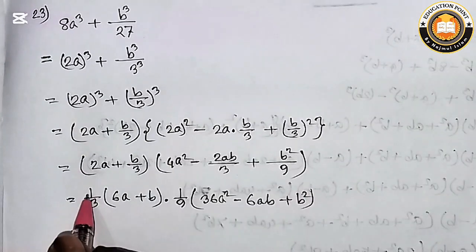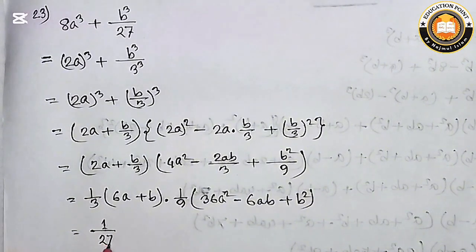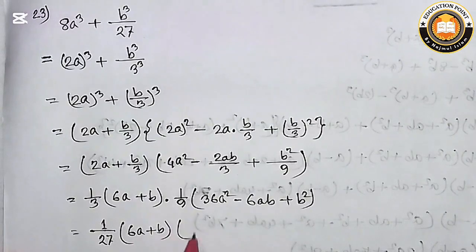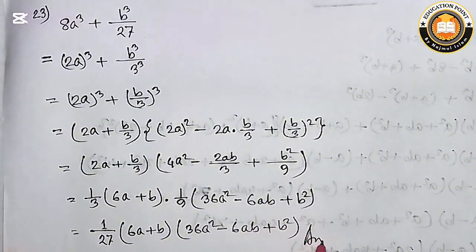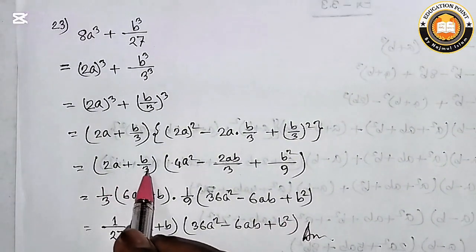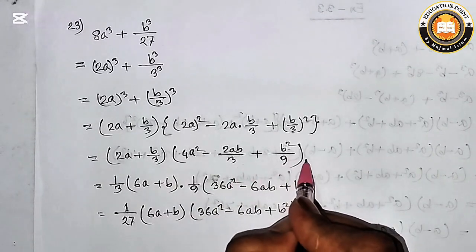At first 1 by 3 and 1 by 9 multiply, that means 1 by 9 3s are 27 into 6a plus b into 36a square minus 6ab plus b square. If you cannot find out common value, you will be answered here.